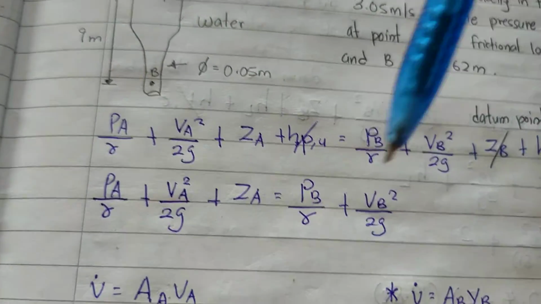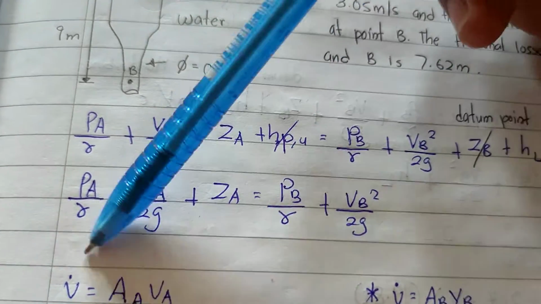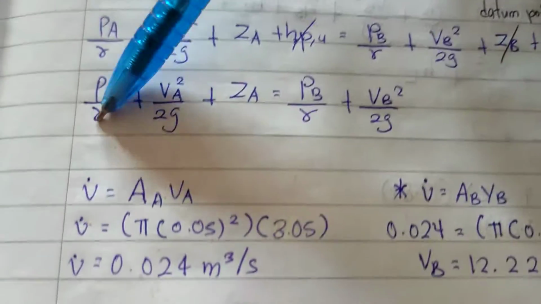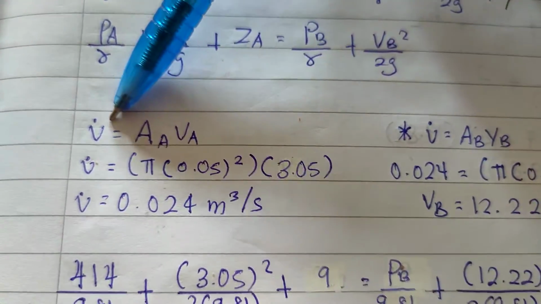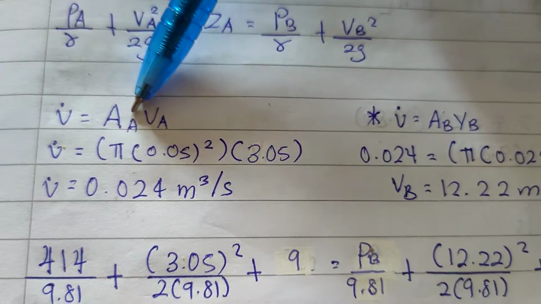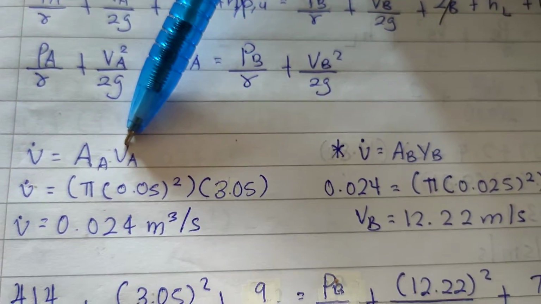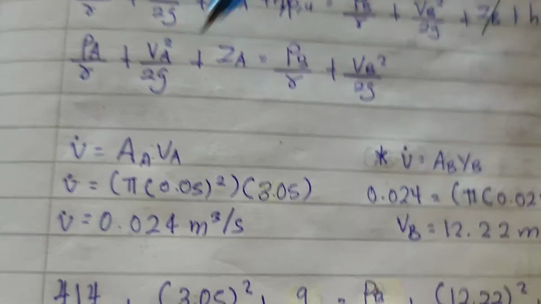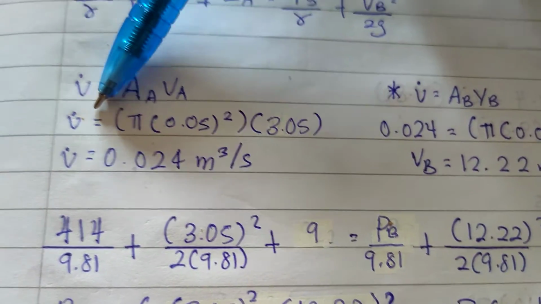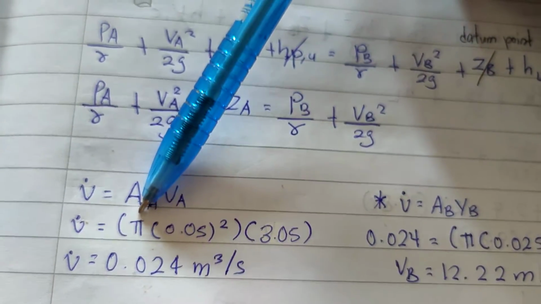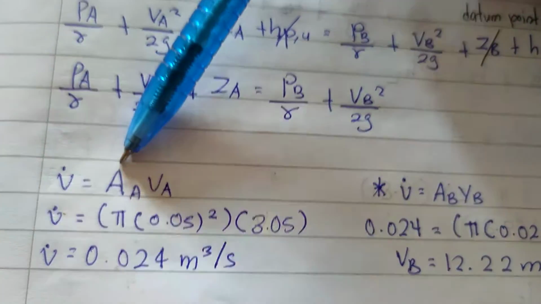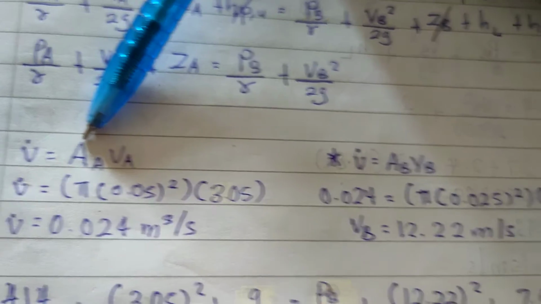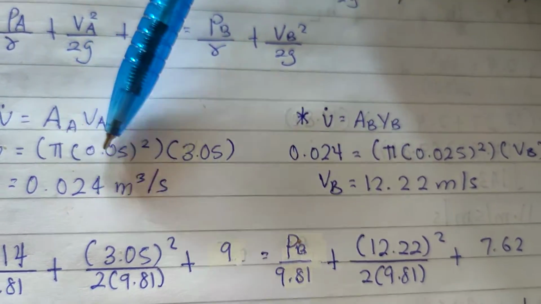volume flow rate. How to find the volume flow rate: volume flow rate equals area times velocity. For the area, the formula is pi r square.